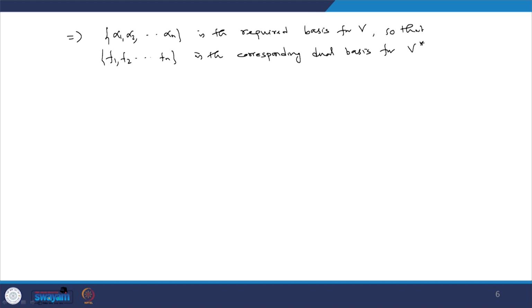So, we see that if we consider a basis f1, f2, fn for V star, certainly there exists a basis alpha 1, alpha 2, alpha n of V, so that f1, f2, fn is the dual of the alpha 1, alpha 2, alpha n basis.